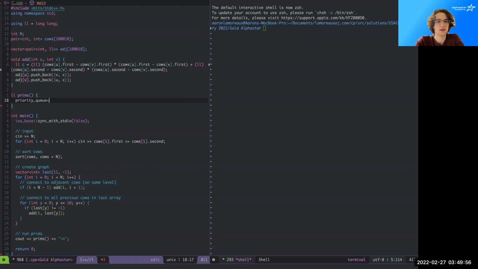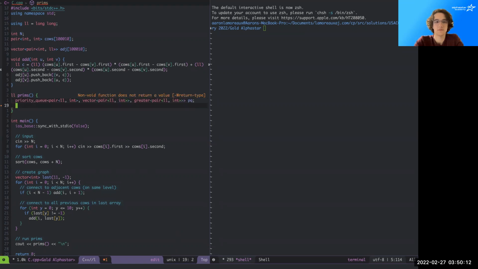So we're going to store where we are. The int will be our location and the long long will be our current cost. We need to make sure it's a min heap. So this is the way you can make it a min heap. You also need to keep track of which ones are visited.